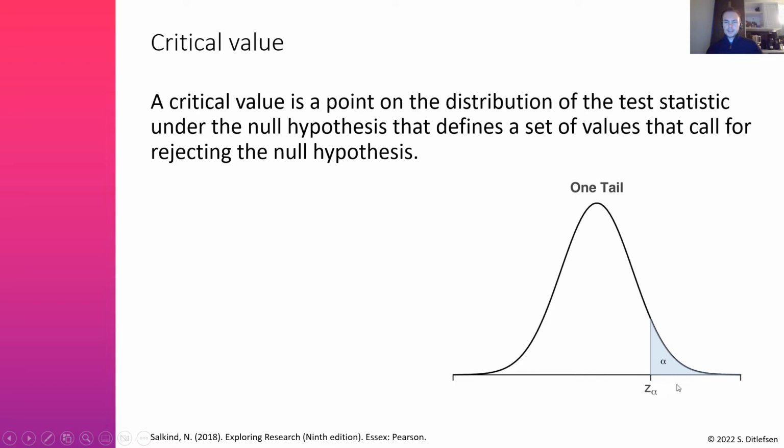So think of critical value as when we're going to reject the data. Also see that this one is a one tail, meaning that we only care about the right side, not the left side. In the two tail, we would care about the right side and the left side. Alpha 0.05.